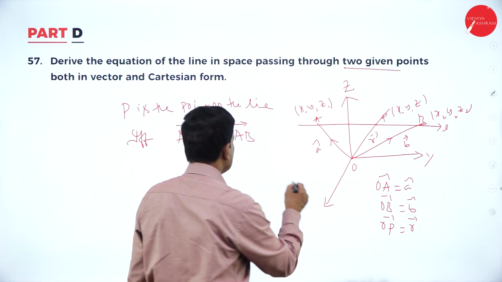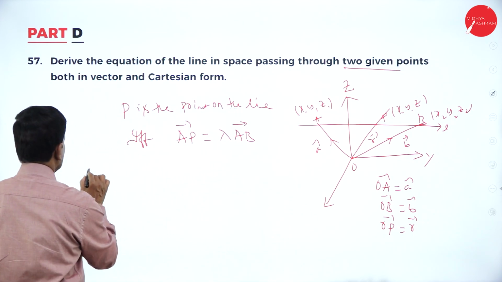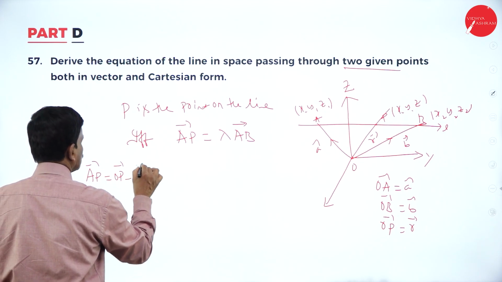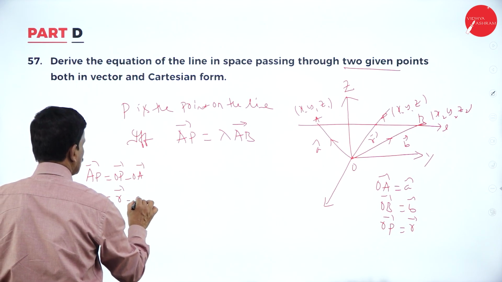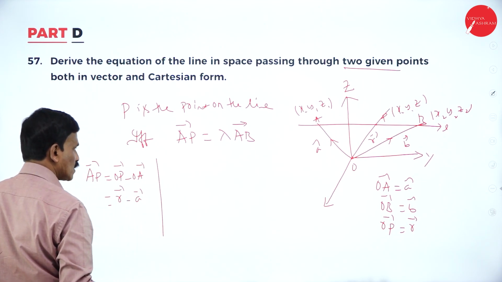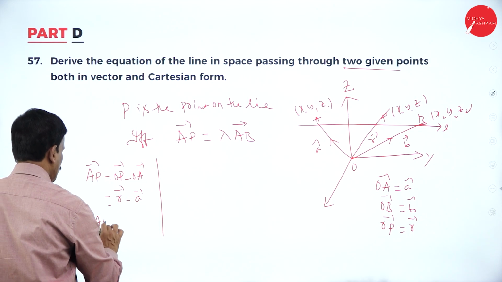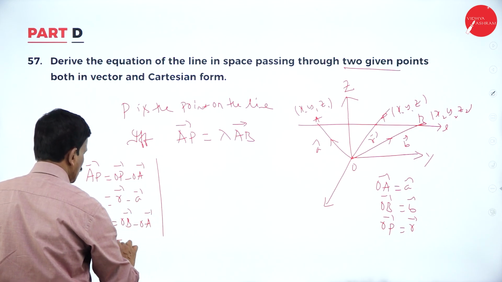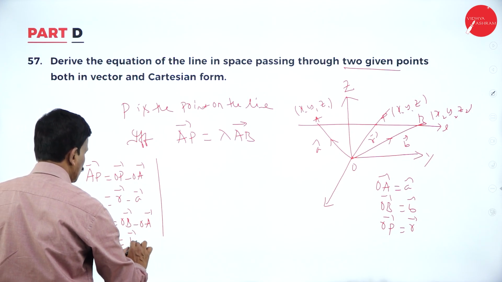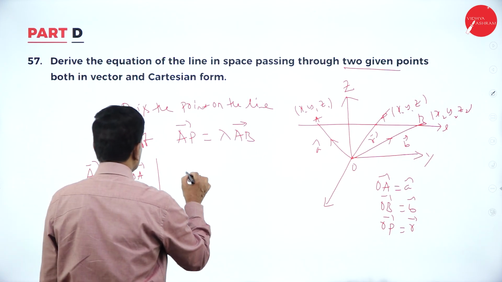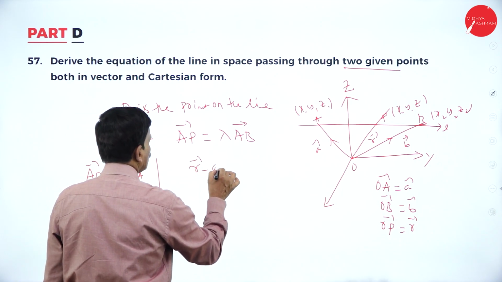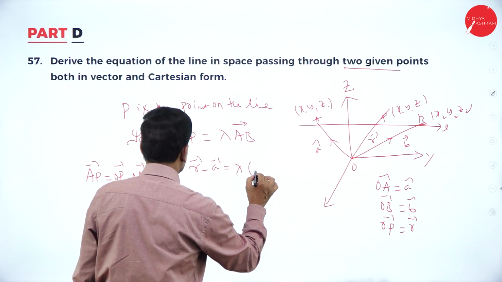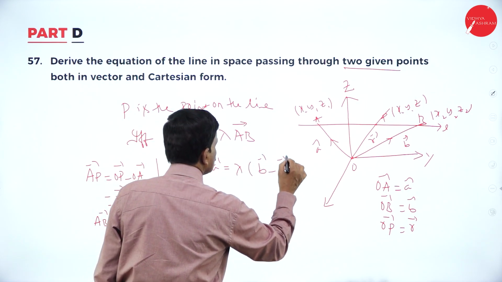Now, just find out what is the vector AP. Vector AP is nothing but OP minus OA. Vector OP is r and OA is vector a. What is vector AB? Vector AB is equal to OB minus OA, second vector minus first vector, that is nothing but vector b minus vector a. Substitute here. Vector AP is r minus a, equal to lambda into vector AB, which is b minus a.